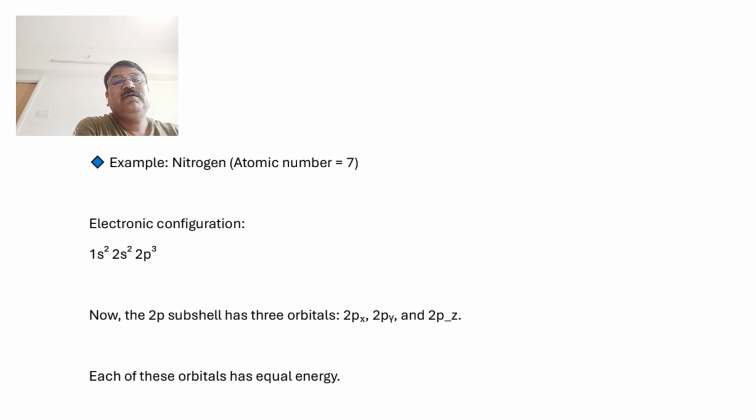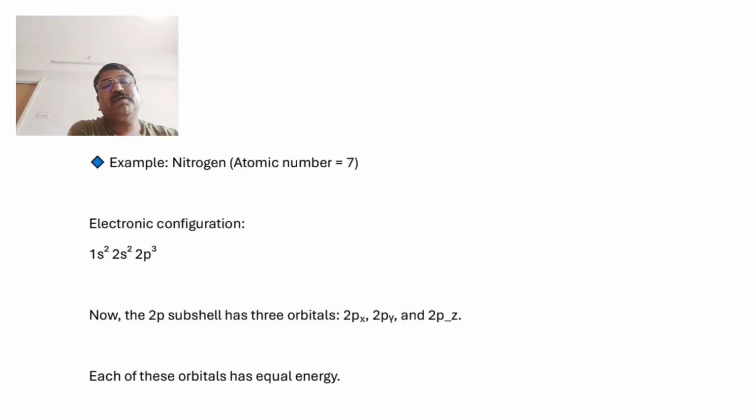Okay, 1s2. The s orbital has a capacity of how many electrons? 2 electrons. The p orbital has a total capacity of 6 electrons, that is px having 2 electrons maximum, py having 2 electrons and pz having 2 electrons.